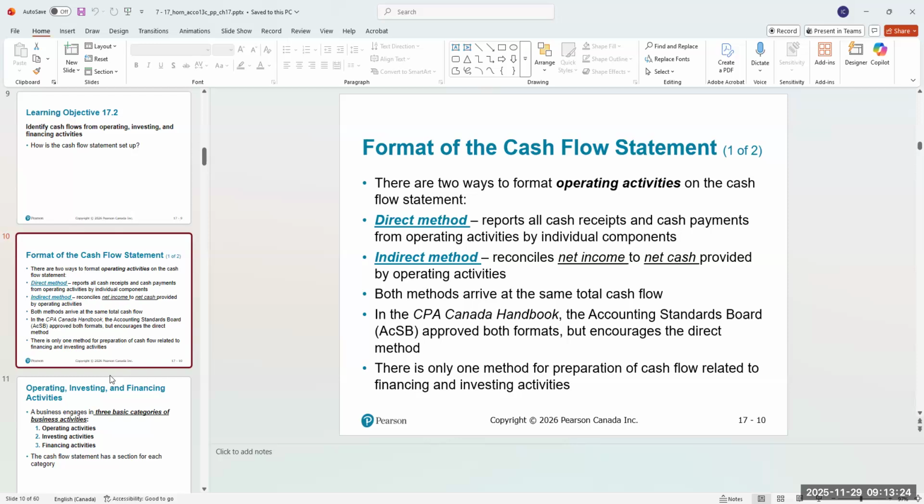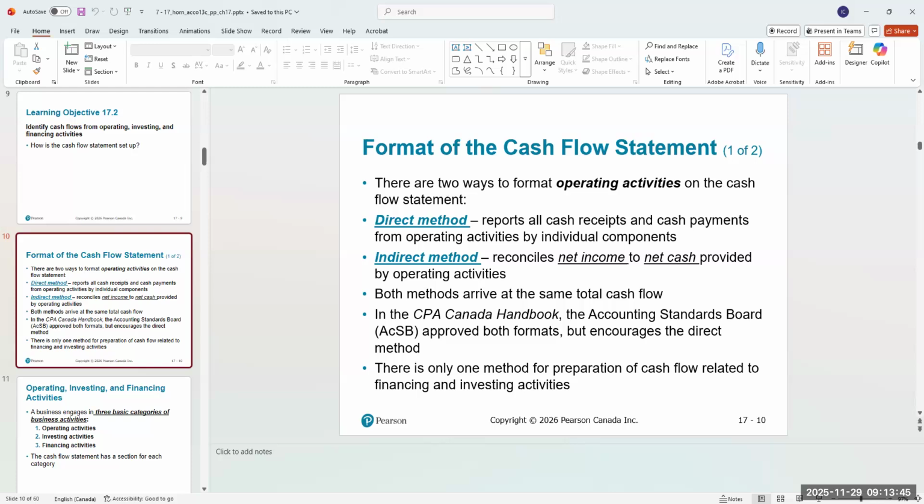The direct method is assumed to be easier than the indirect method, and for that reason, maybe, I don't know, we usually don't teach the direct method. However, I'm going to show you the direct method as well.